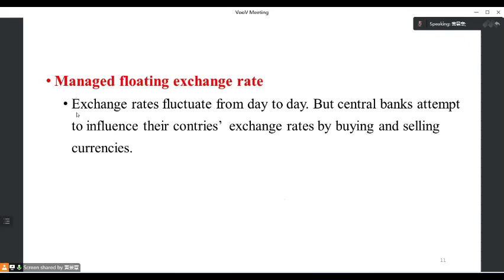Let's see the meaning of managed floating exchange rate. Exchange rates fluctuate from day to day, but central banks attempt to influence their country's exchange rate by buying and selling currencies.